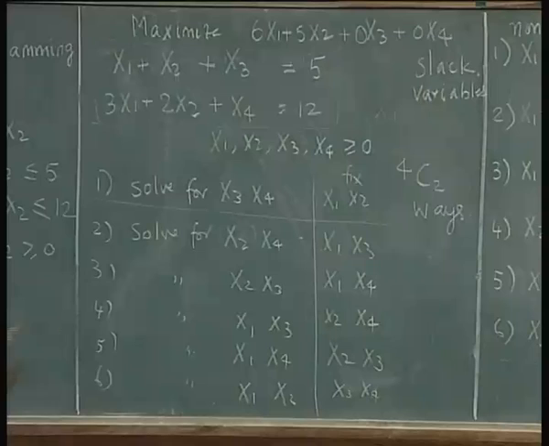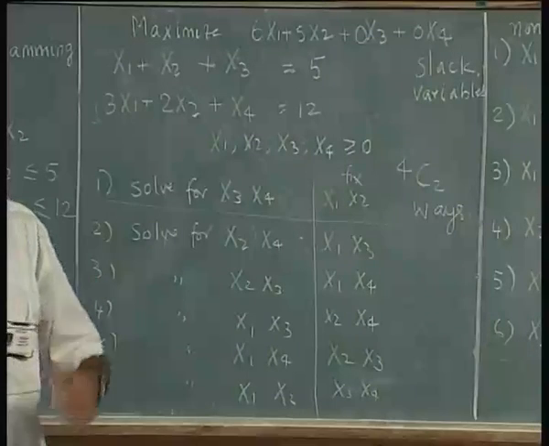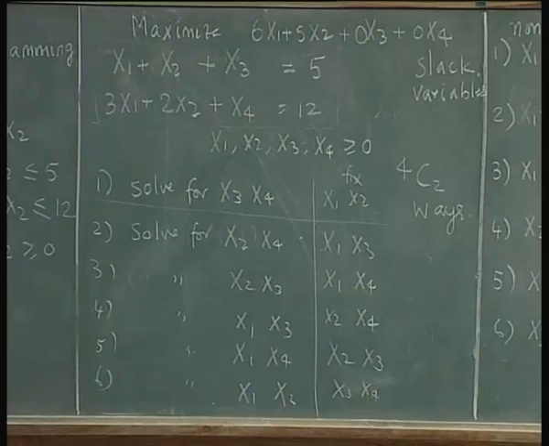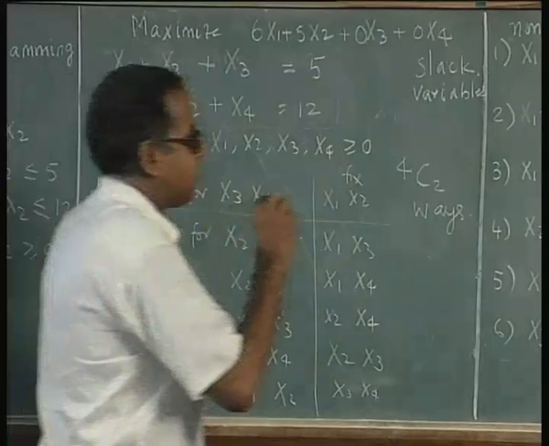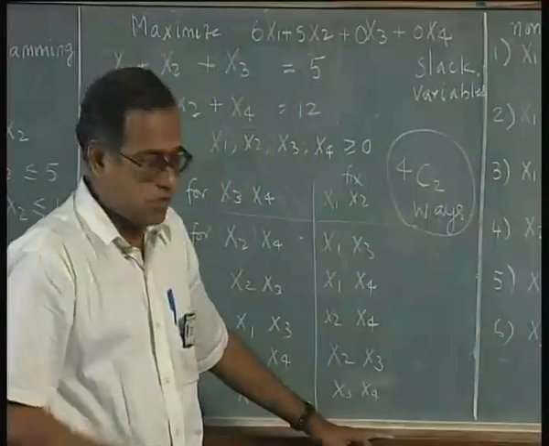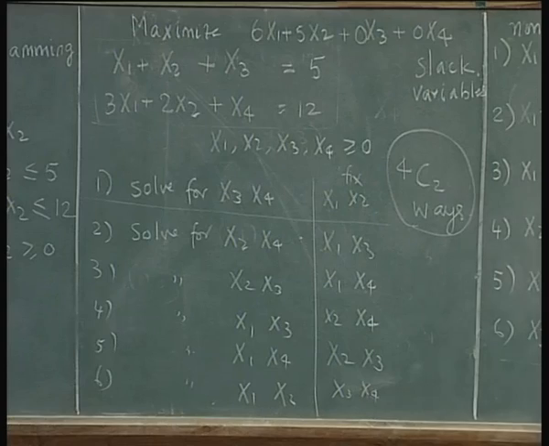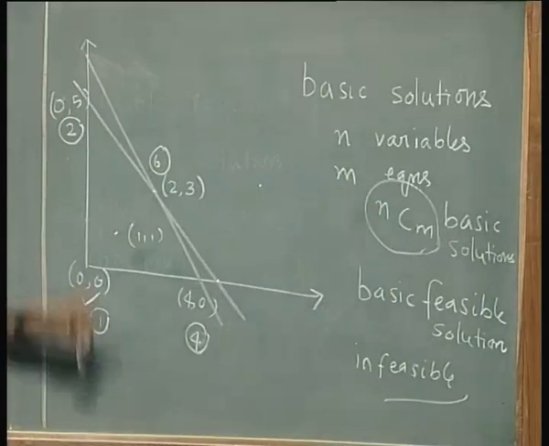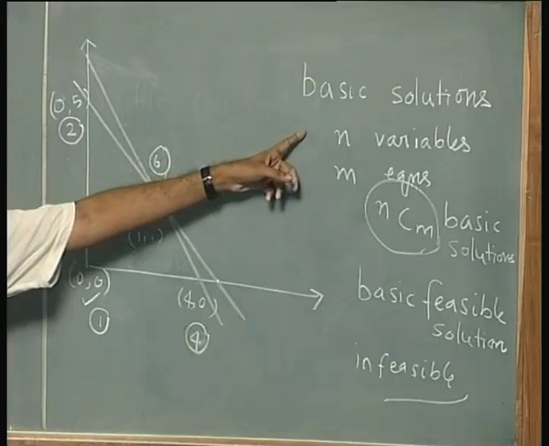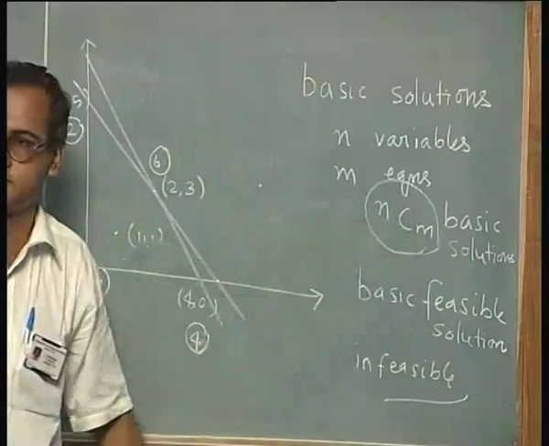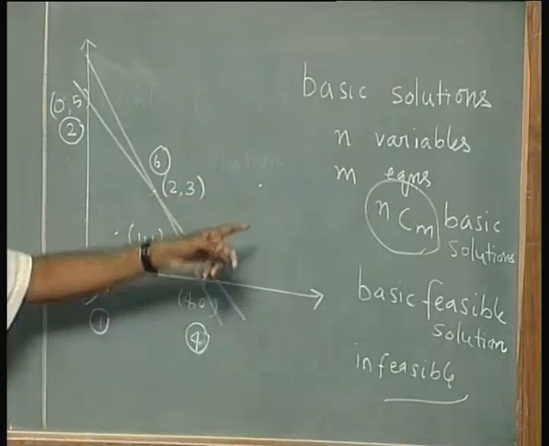Now, are there other distinct advantages or disadvantages of the algebraic method? There are some distinct disadvantages. One, we end up evaluating 4C2 solutions here, or in general nCm basic solutions if after adding the slack we have n variables and m equations. nCm is a large number.